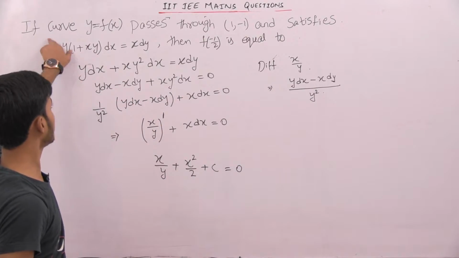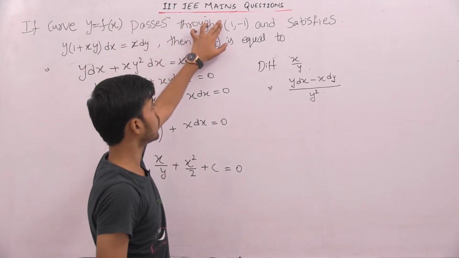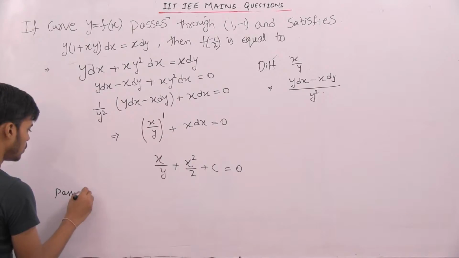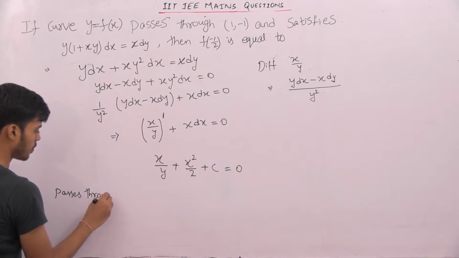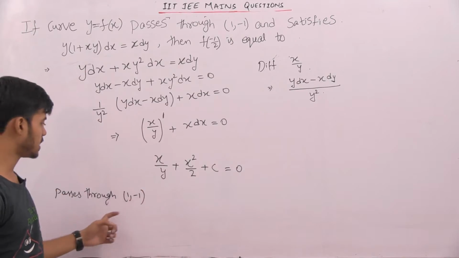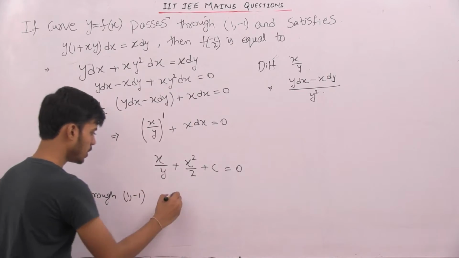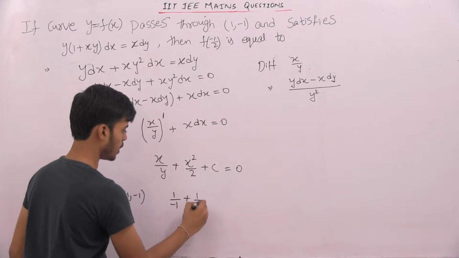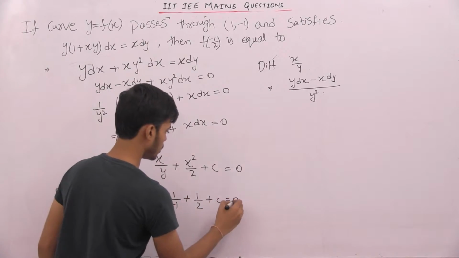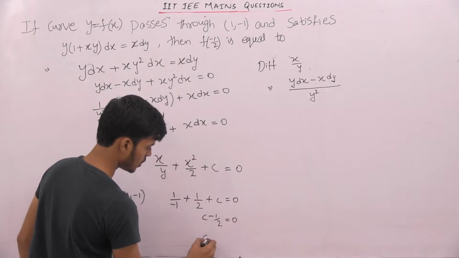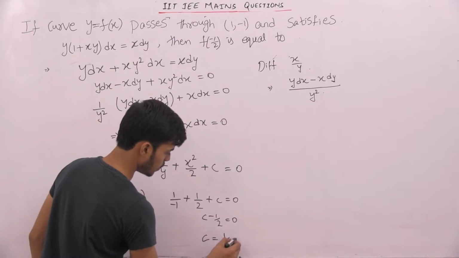We are given that this curve passes through the point 1 comma minus 1, hence this has to satisfy the point. So substitute: minus 1 plus 1 by 2 plus c is equal to 0. So c minus 1 by 2 is equal to 0, which gives the value of c to be 1 by 2.